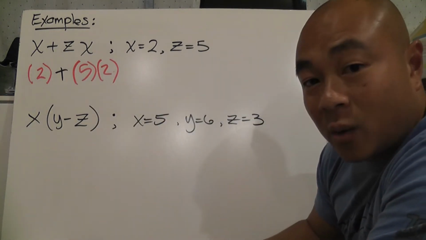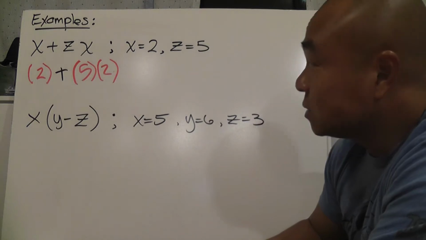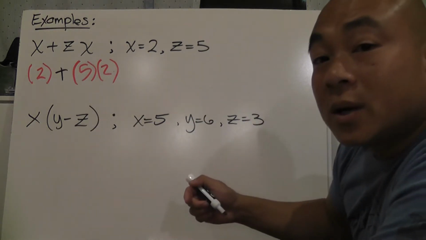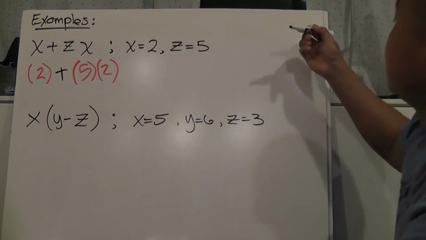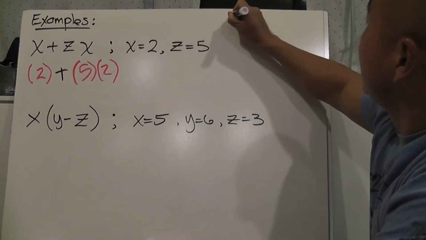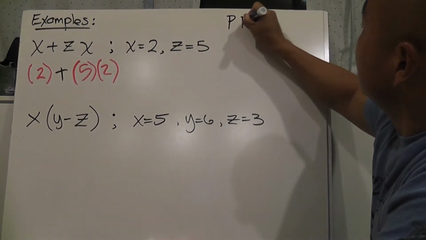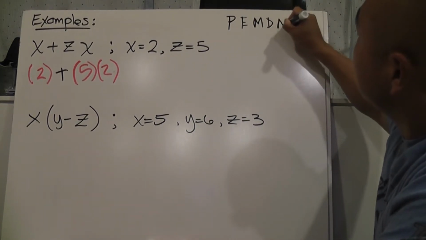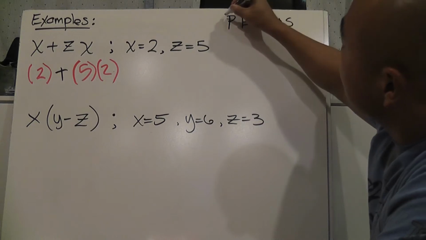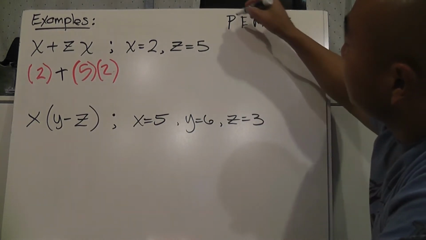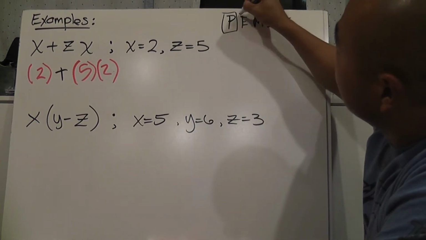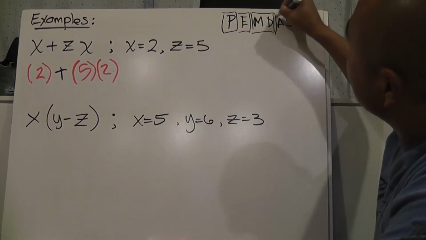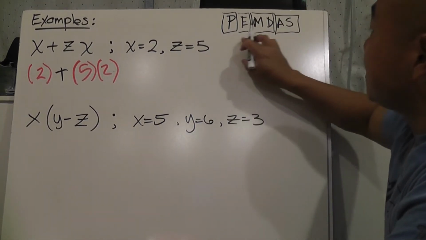Now, according to our order of operations, let's write it real quickly right here: P, E, M, D, A, S. And each one is a step to each other.